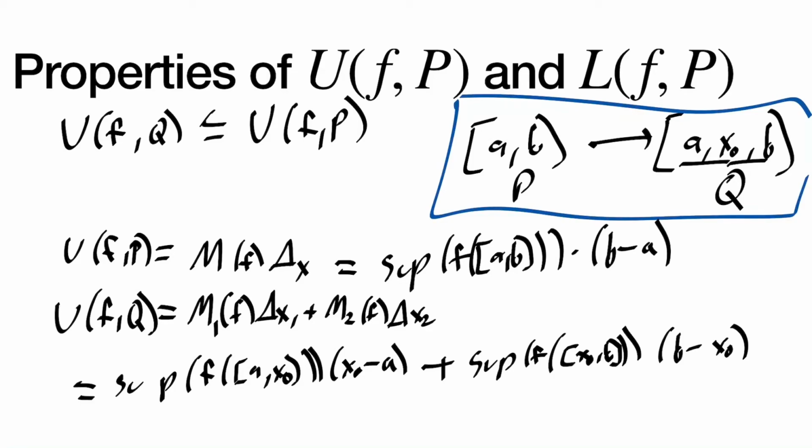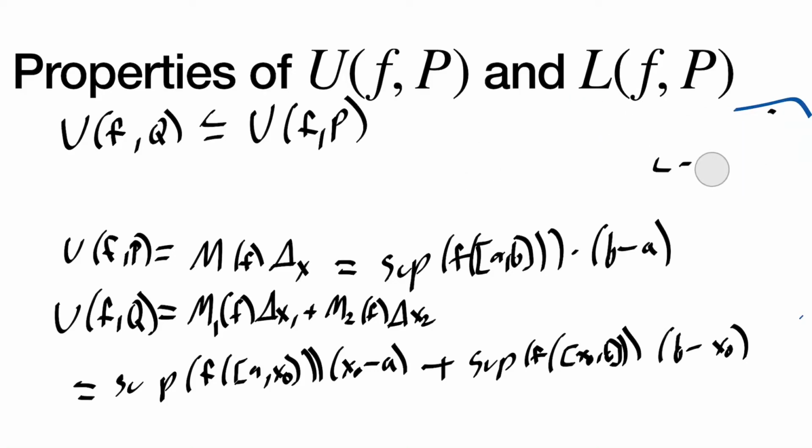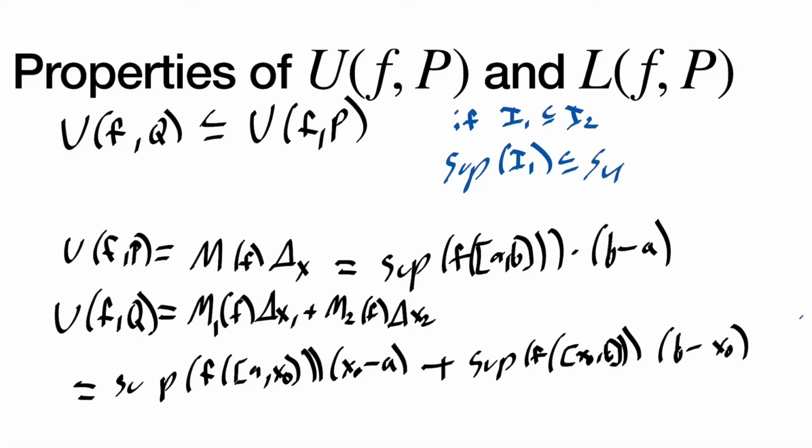But let's look really closely. Let me write a little detail up here. Notice that if we have two intervals, and I1 is a subset of I2, then the sup of f over I1 has to be less than or equal to the sup of f over the interval I2.